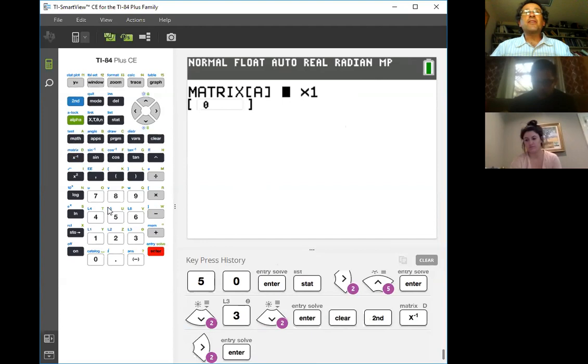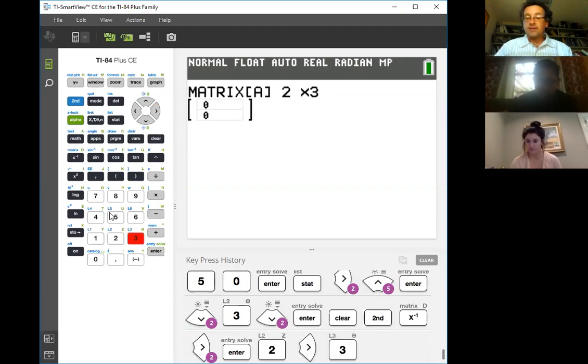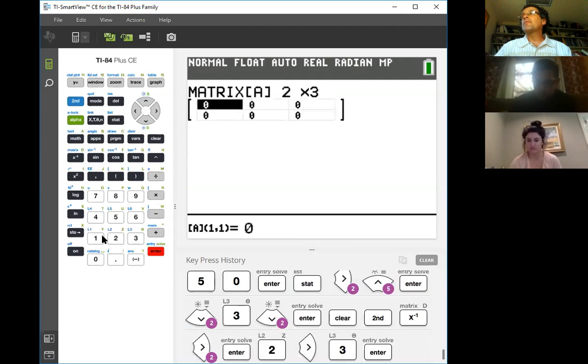Now, the matrix that we had, if you remember, had 2 rows and 3 columns. There were 2 genders, 3 types of car ownership. So 2, and then you can use the arrow by 3. That allows us to put the numbers in nicely.